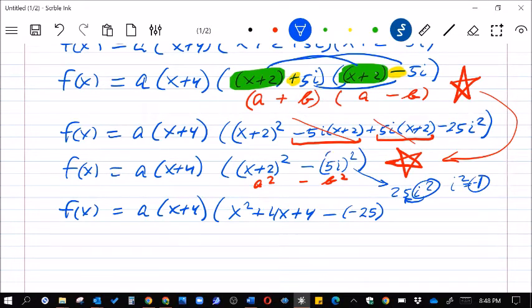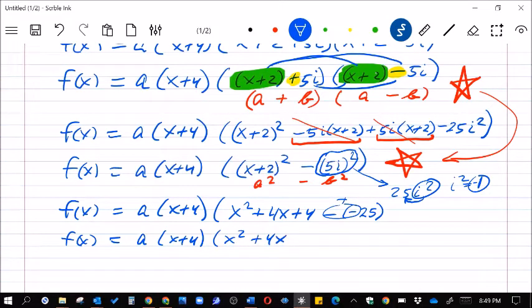So this part becomes -25, but there's a minus in front of it, which means minus and minus make a plus. So this is going to become a plus 25. So now we have f of x is equal to a, x plus 4, x squared plus 4x, 4 plus 25 is 29.